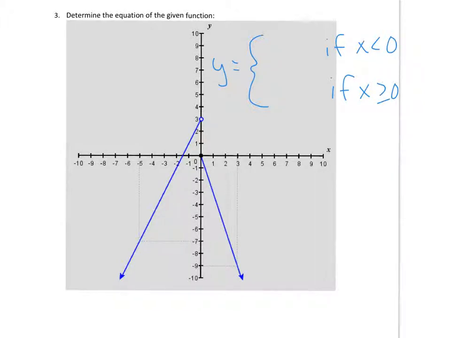It turns out the slope of the line on the left is -2. So the equation would be y equals -2x plus 3. And the one on the right has a slope of -3. So the equation would be y equals -3x plus 0, or just y equals -3x.